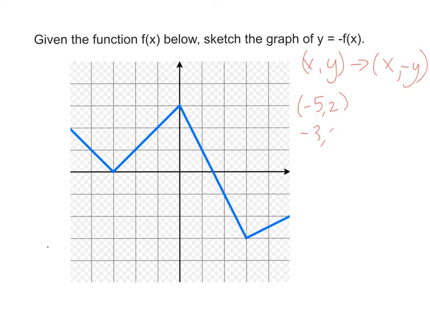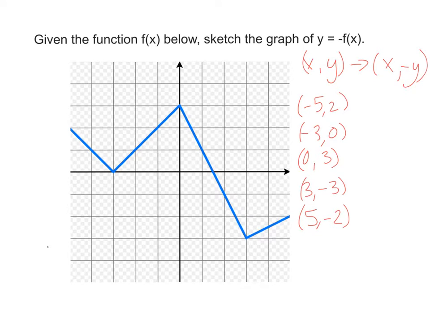Negative 3 and 0. 0 and 3. I'm just picking these points off of the original function that we're given. 3, negative 3. And then 5, negative 2. Those are the critical points on that function where it's switching direction. And it's all straight lines in between. So I know if I transform those points, I can just draw straight lines in between.